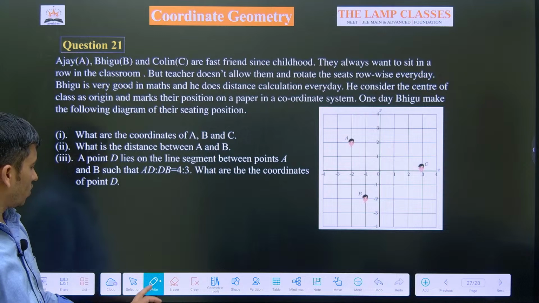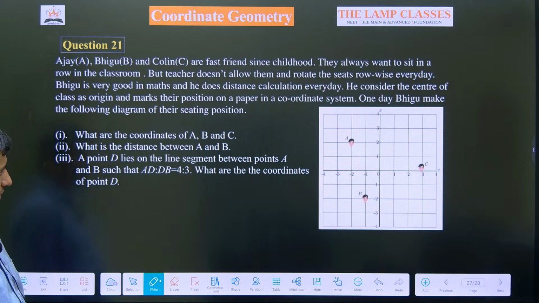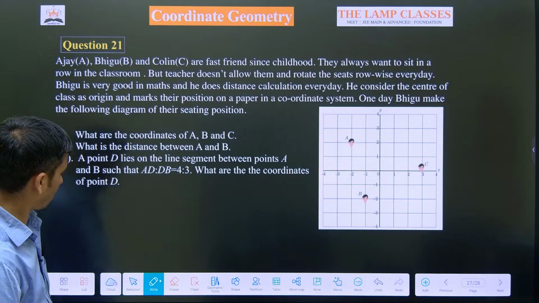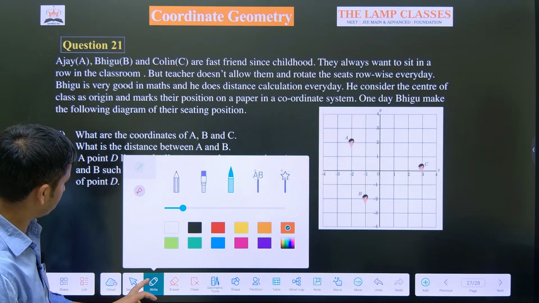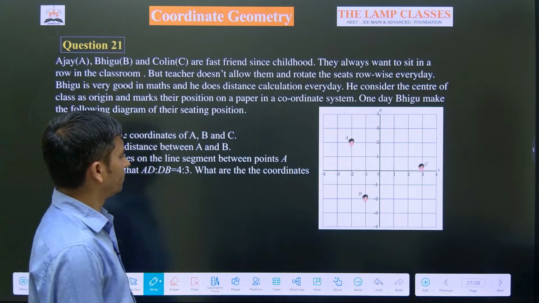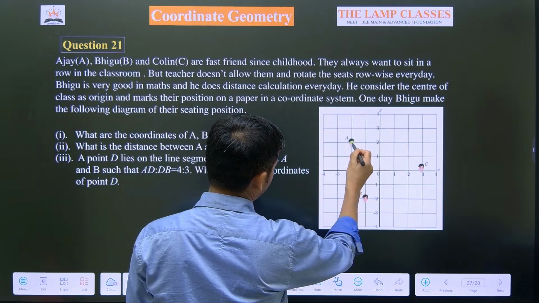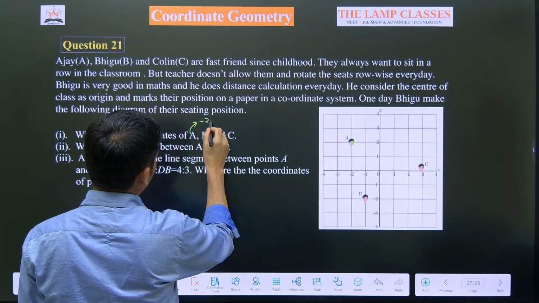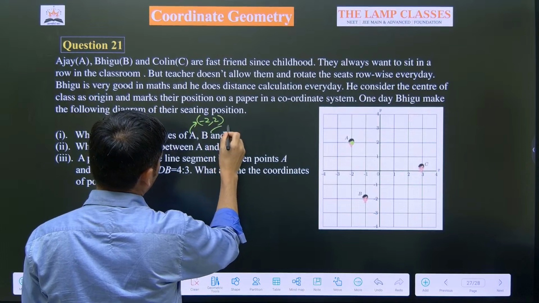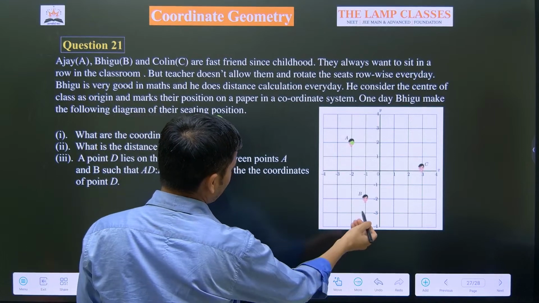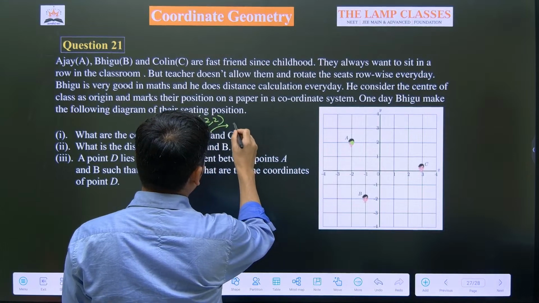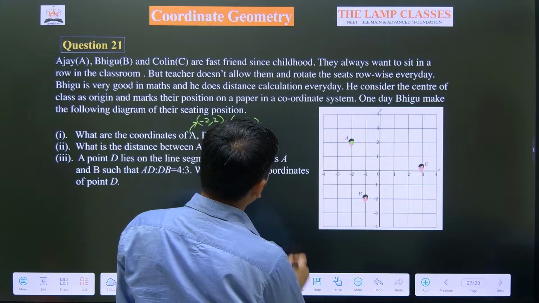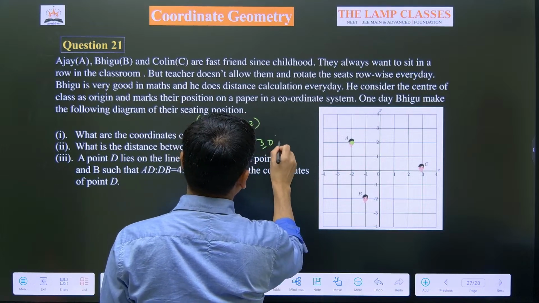What are the coordinates of point A, B, and C? So from the graph we can tell it clearly, right? So coordinates of A are negative 2 comma 2, B negative 1 comma negative 2, please check, and C it's just 3 comma 0, it's on x axis.